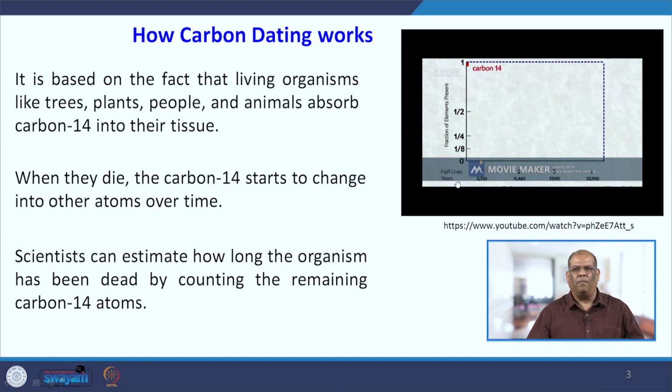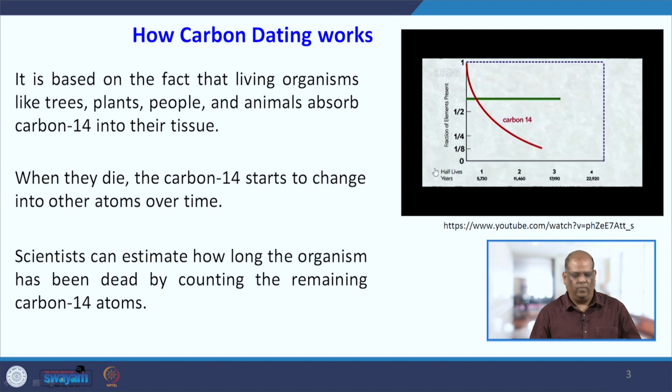It takes approximately 5,730 years to reduce carbon 14 to half of its size, and we call that the half-life of carbon 14. After 5,730 years it is reduced to half, after another 5,730 years it becomes 1/4, and then it becomes 1/8.